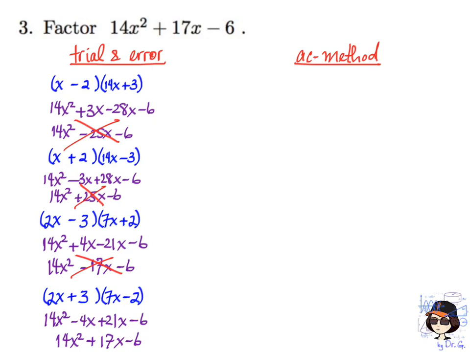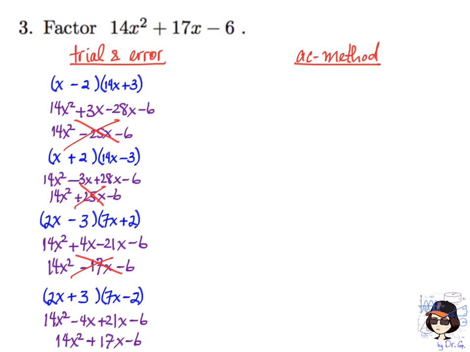I did 1, 2, 3, 4 possibilities, and the fourth one turned out to be the right one. Now, I think there's another 4 possibilities, but since I arrived at the right one, I don't have to check them. But what if you had done all 8 before you got to the one that worked? That would have taken a lot of time.